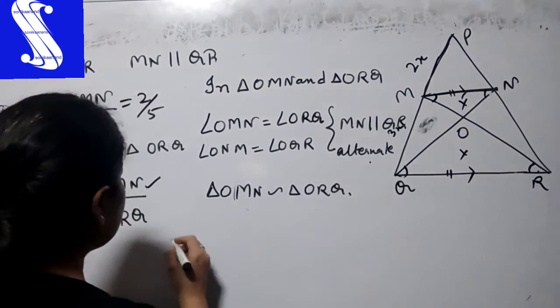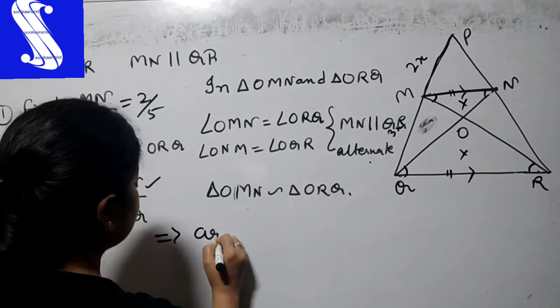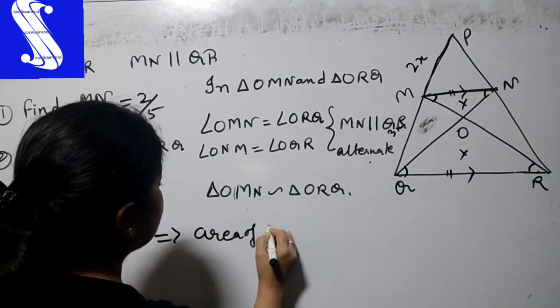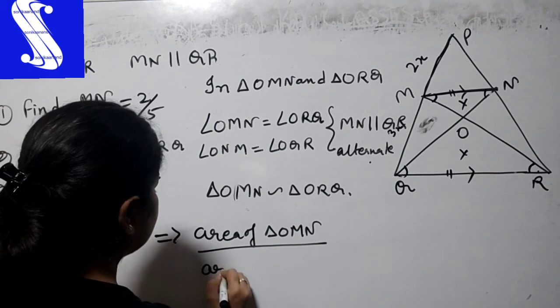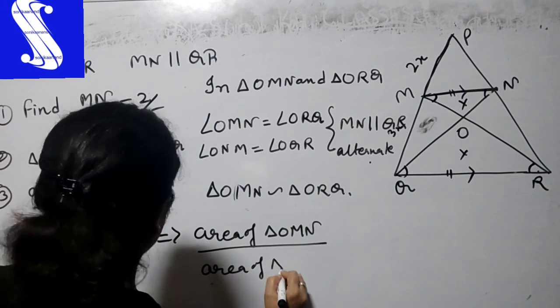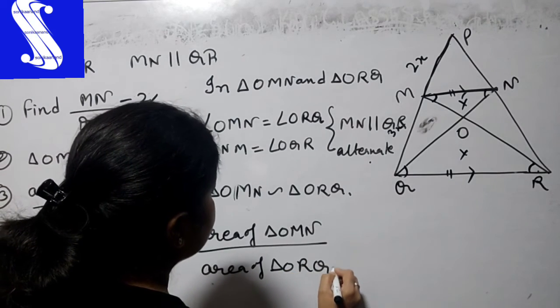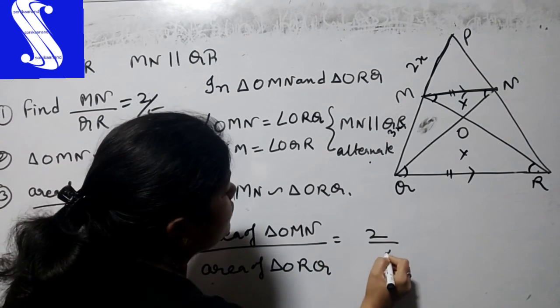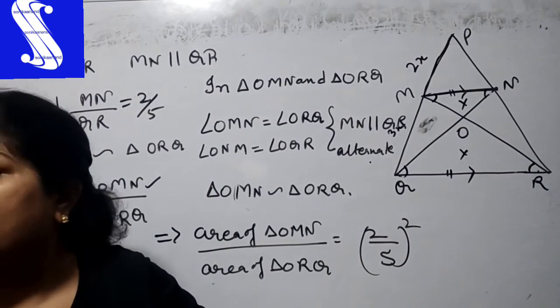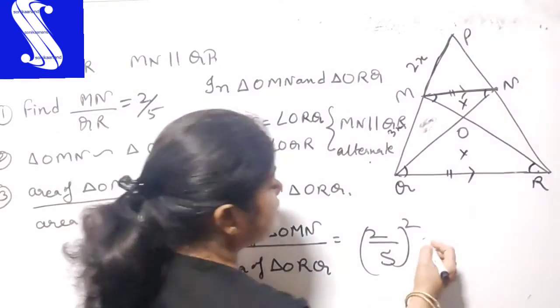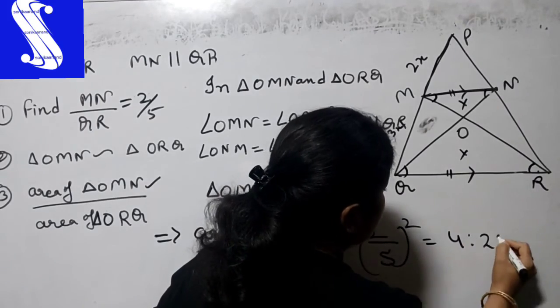So what is the ratio of area? Area of triangle OMN over area of triangle ORQ is 2:5 whole square, because ratio of area is equal to square of the sides. That means we have 4:25.